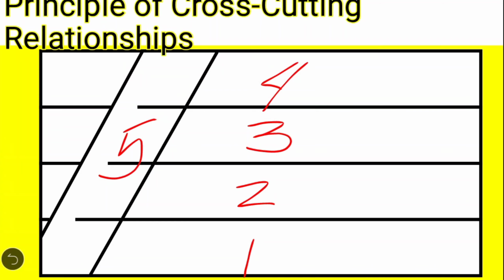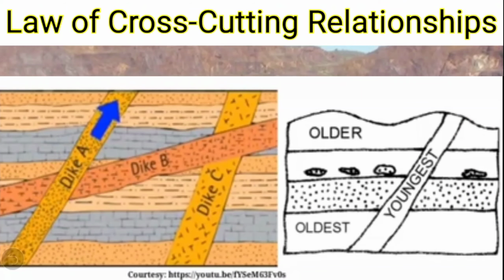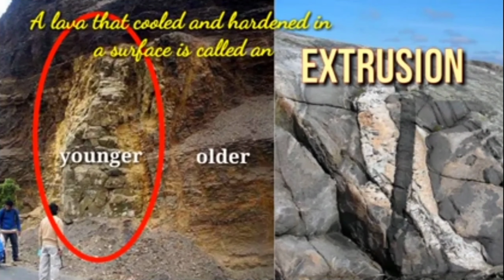So that is the principle of cross-cutting relationship. As you can see in the illustration, the one that cut the layer is the youngest.